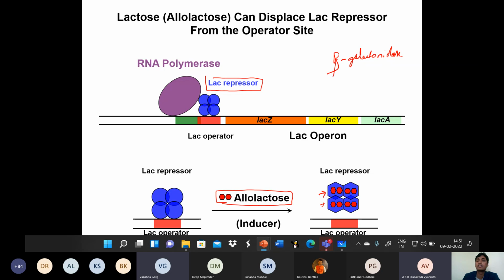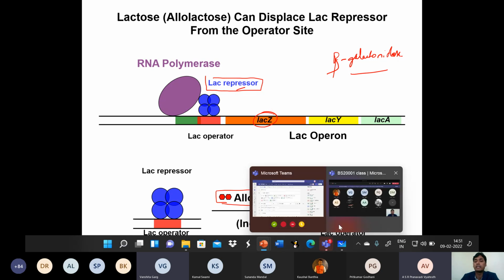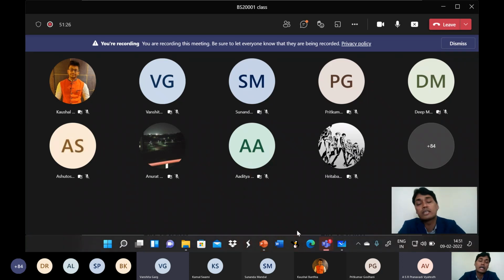Out of these two, which one is turned on and off at requirement? Are both turned on and off, or is one of them getting expressed all the time?